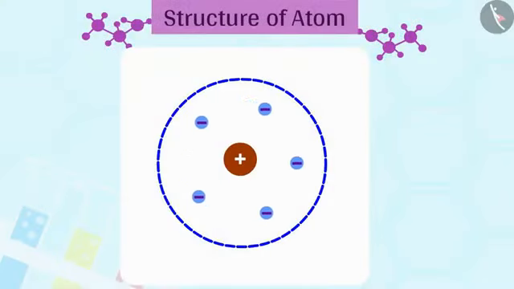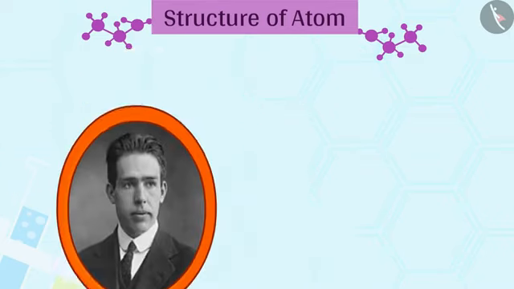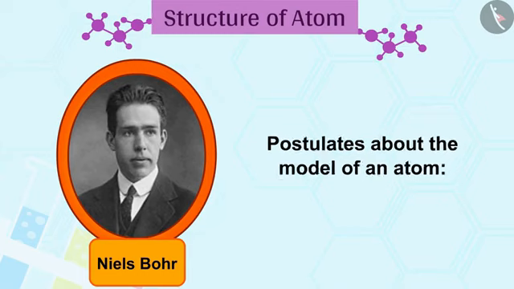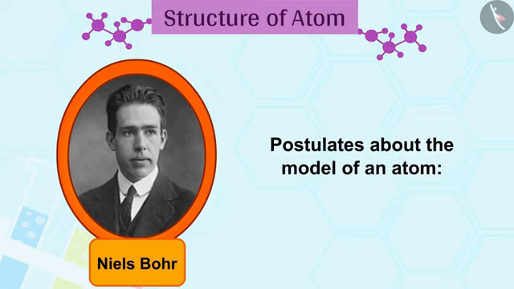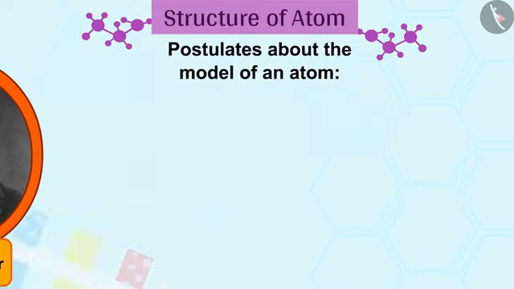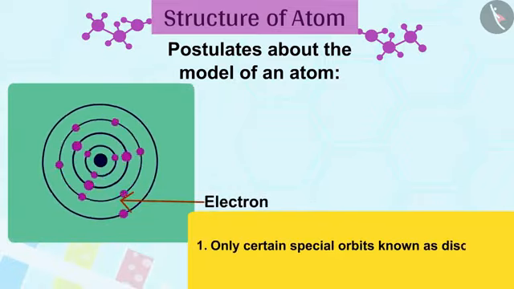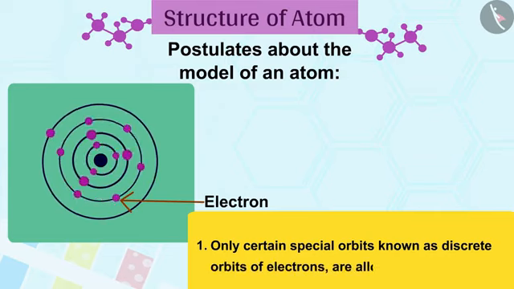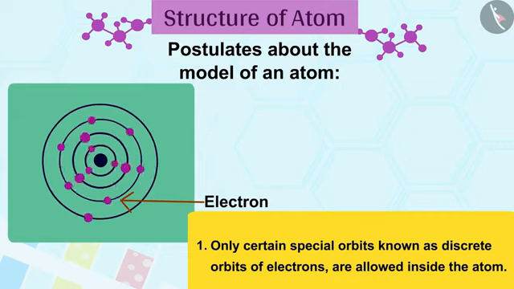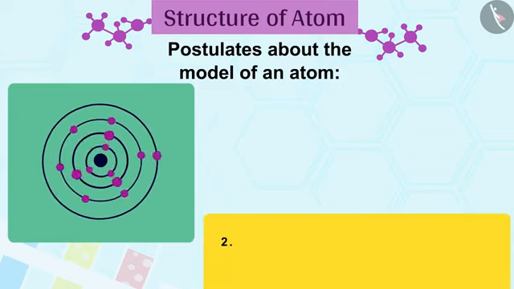In order to overcome the objections raised against Rutherford's model of the atom, Niels Bohr put forward the following postulates about the model of an atom. 1. Only certain special orbits, known as discrete orbits of electrons, are allowed inside the atom. 2.